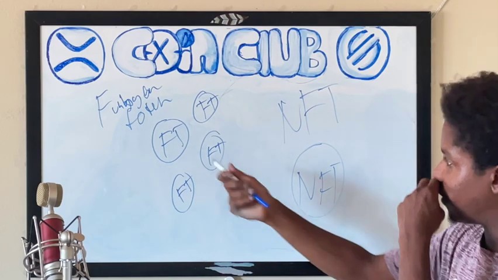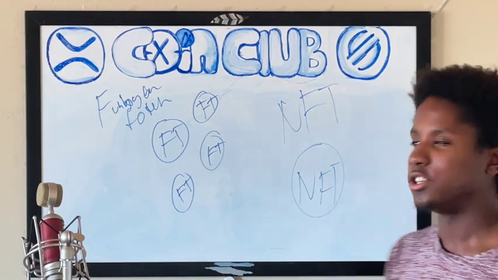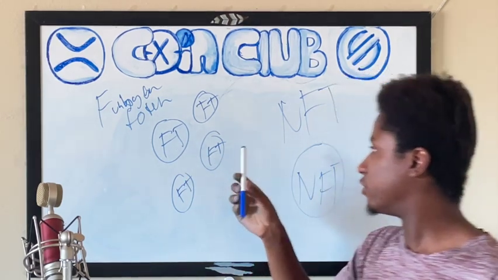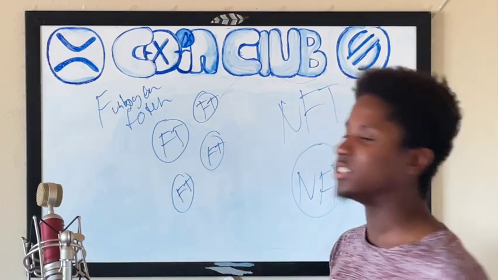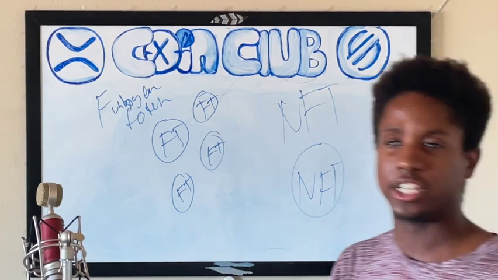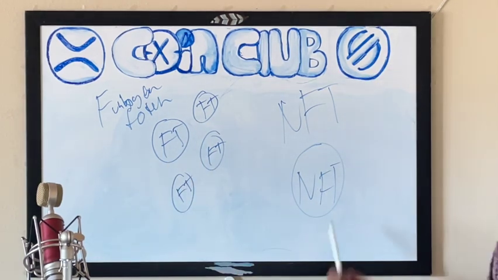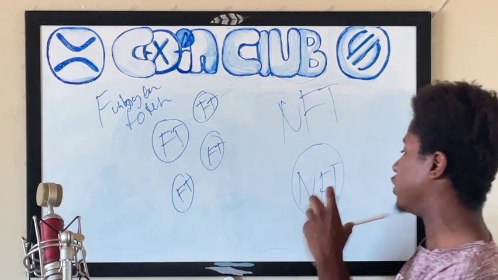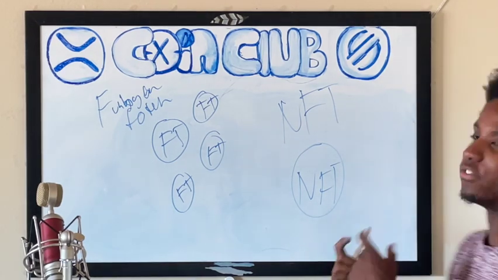So really the difference between a fungible token and a non-fungible token is you can interchange the overall pool of fungible tokens for a standard point of value, while a non-fungible token is a completely unique identity token that has its own value proposition.